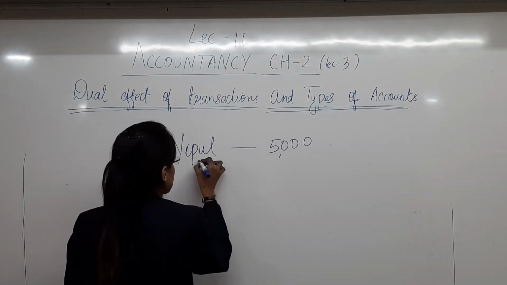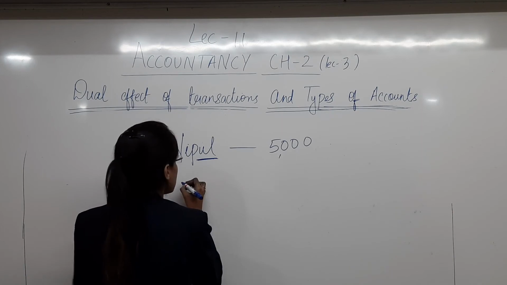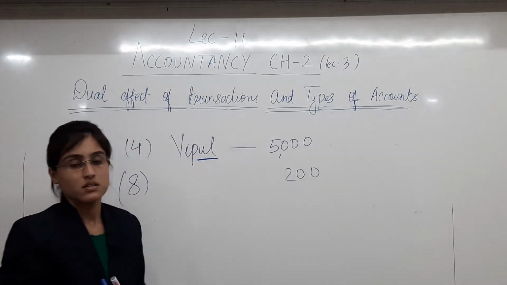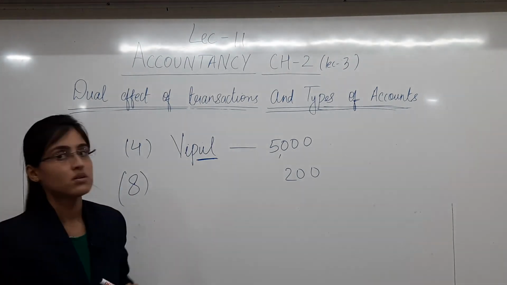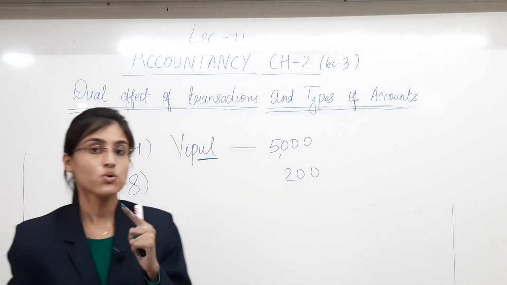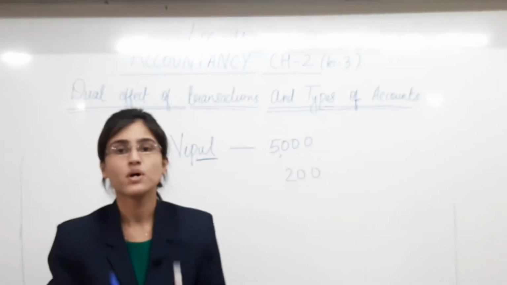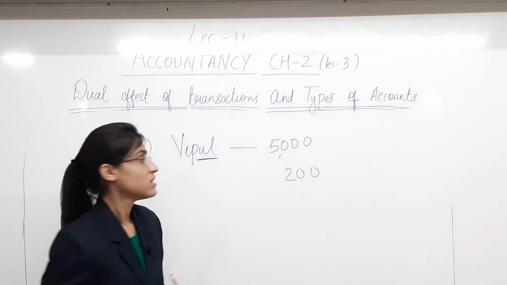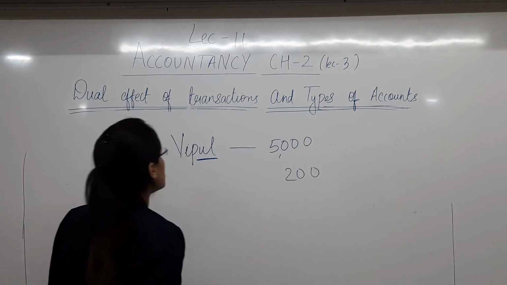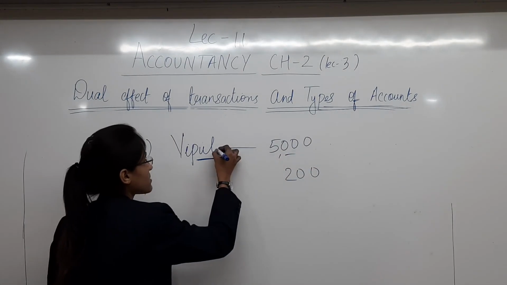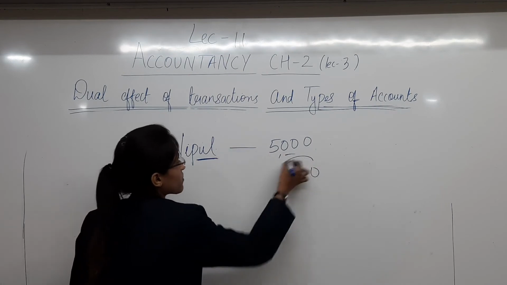They say that this Vipul has returned goods of rupees 200. Who is Vipul? The person to whom I have sold. Who am I? I am Manoj. So Manoj has sold goods of rupees 5,000 to Vipul, and Vipul has returned from that goods of rupees 200.